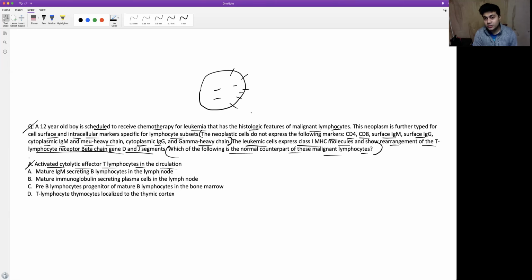So a cytotoxic T cell has the CD8 marker. But our malignant lymphocyte in the description doesn't have any CD4 or CD8 marker. So it should not be option A, because then this malignant neoplasm should have the CD8 marker, but it says it doesn't. So you can strike out option A.